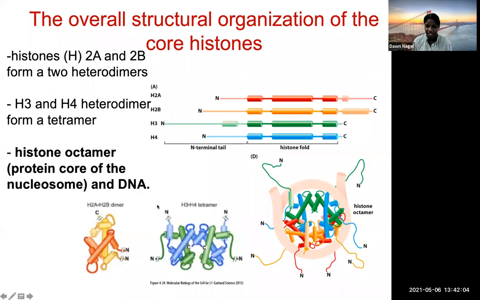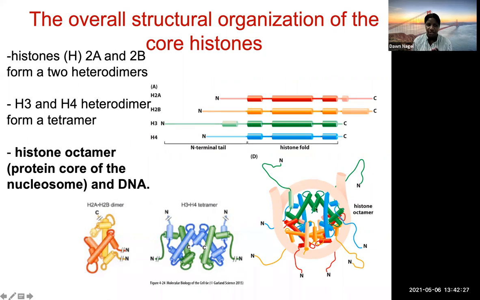What are these histone proteins? There are 4 of them present. They're highly conserved proteins across eukaryotes. Depending on how they interact, they combine together to form what we call a histone octamer.